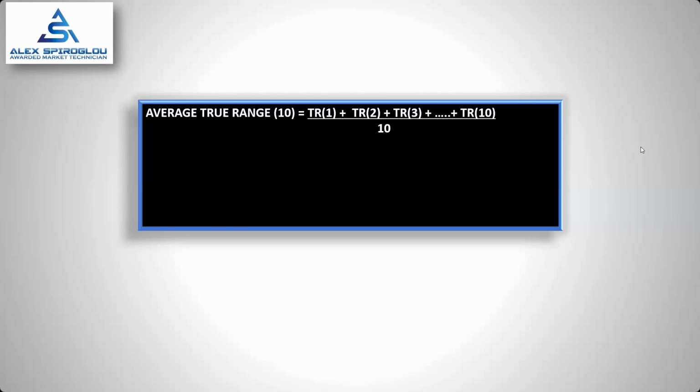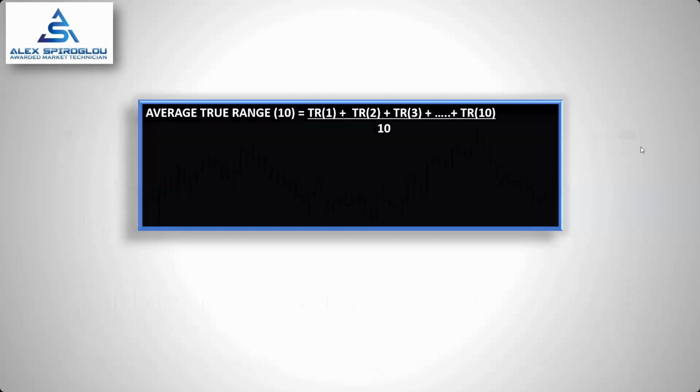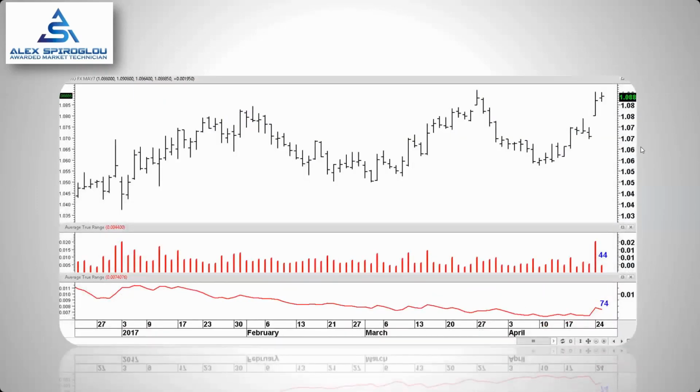So for this example, I use an average range of 10. That's basically 2 weeks, 5 bars in a week. On the top part, we have the chart of the euro. The middle part, we have true range, and then we have average true range. You can see how it fluctuates.